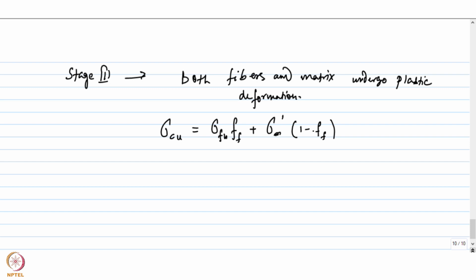At this stage the fibers can fracture. So this is the fracture stress for the fibers, and sigma m prime is the flow stress of the matrix at a strain corresponding to the fracture stress of the fibers.